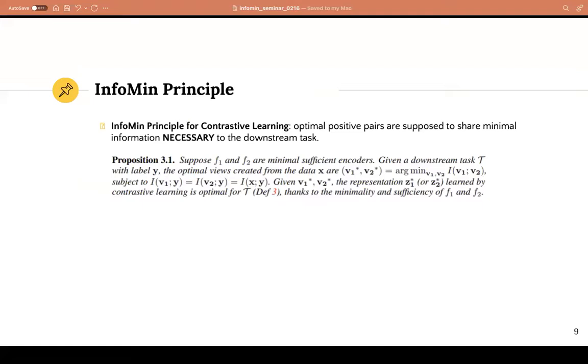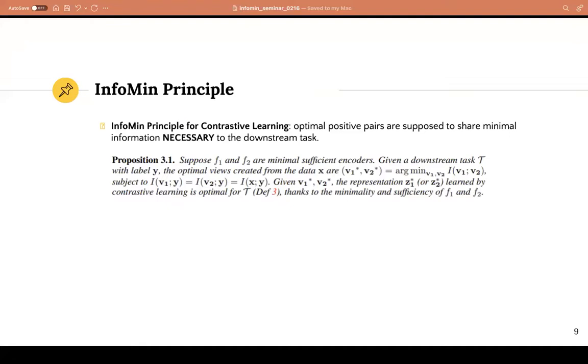And formally, we can propose this InfoMin principle. It says the optimal positive pairs are supposed to share minimal information necessary for the downstream task.